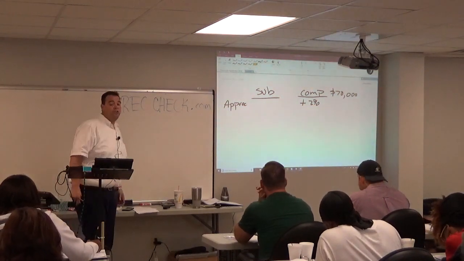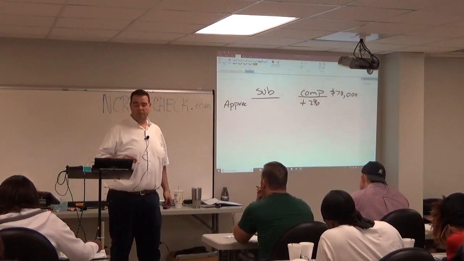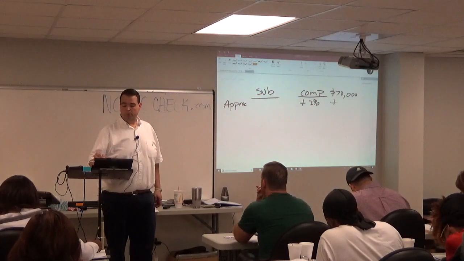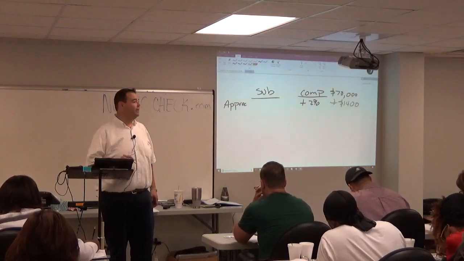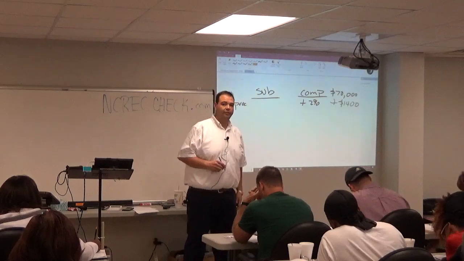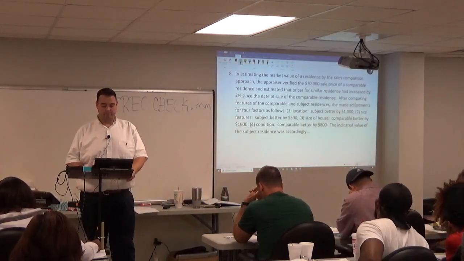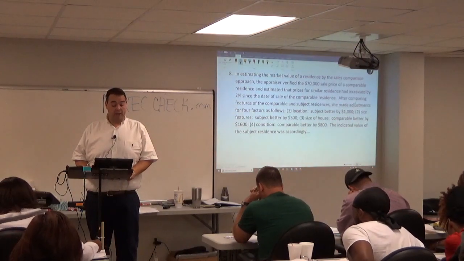So all we need to do is take 2% of what number? $70,000. So that's a positive or negative adjustment? Positive. So plus what? $1,400. Everybody get that adjustment there? And did you do it first? Yes. Good. All right, what else did they tell us about here? All right, they said location.